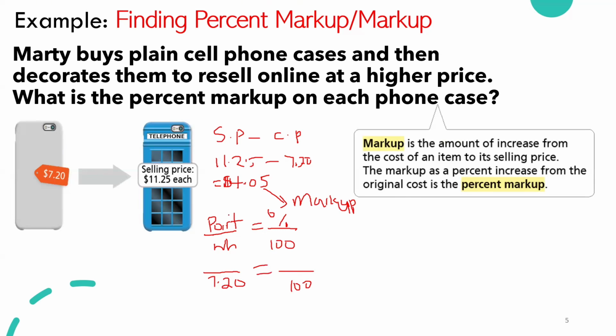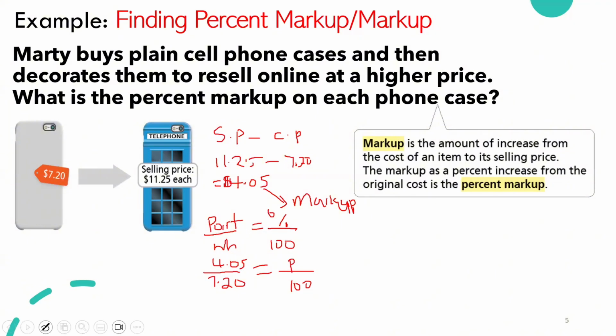The part is the difference between the selling price and the cost price, so the part is $4.05. And of course, we are finding the percent. We are going to use P to represent percent.